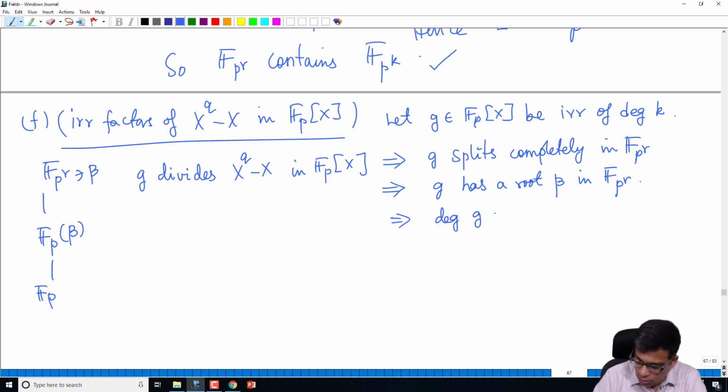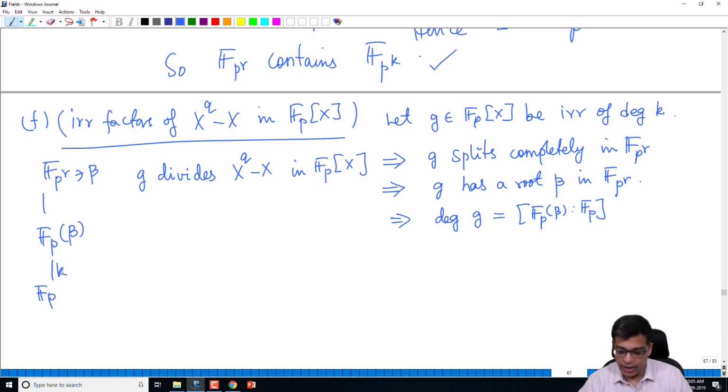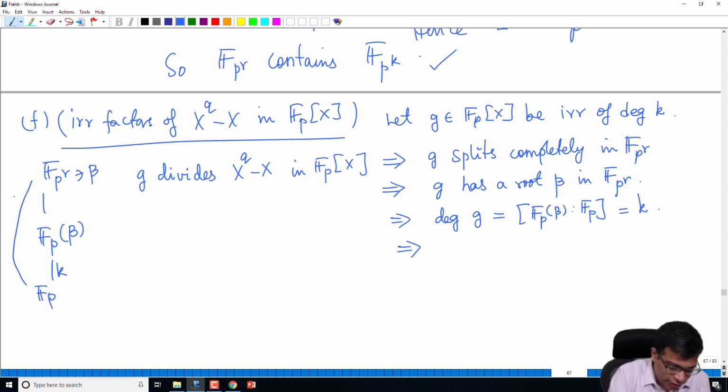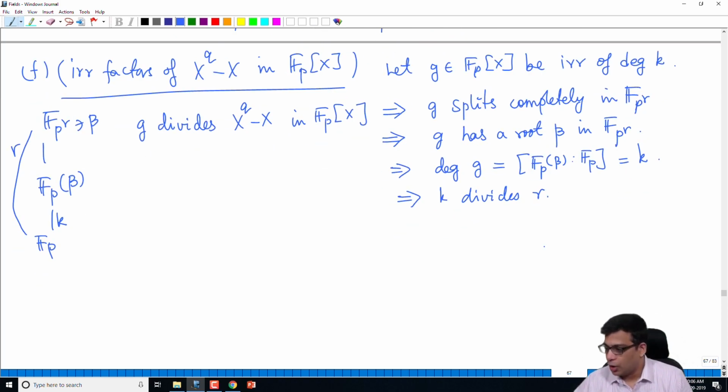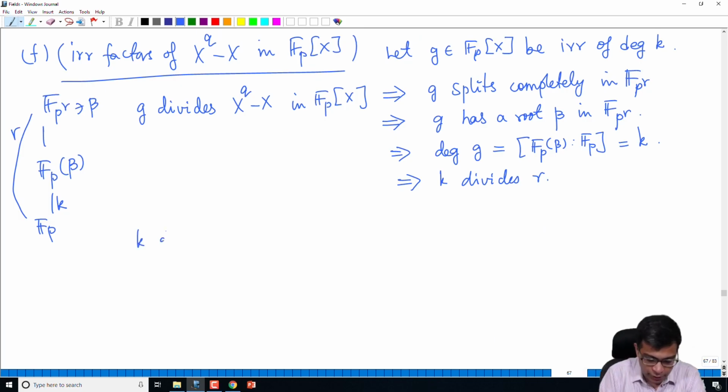The degree of g is equal to the extension field degree, and we call that k. So the degree of the field extension is k. This is again the degree of a field extension generated by an algebraic element, which is equal to the degree of that particular algebraic element. But that means this whole thing is r, so k divides r. So if g divides that, k divides r. On the other hand, suppose k divides r.